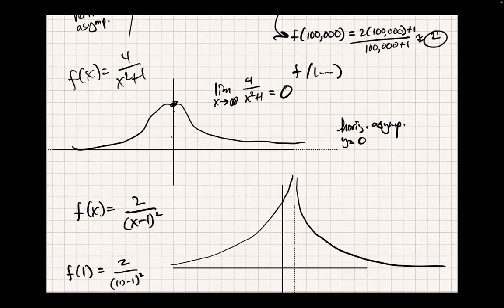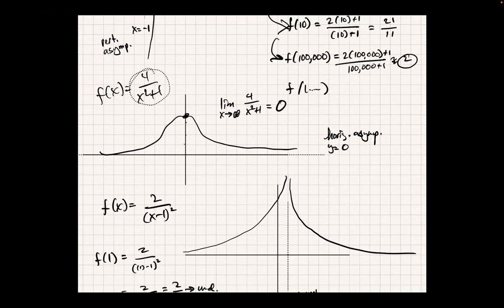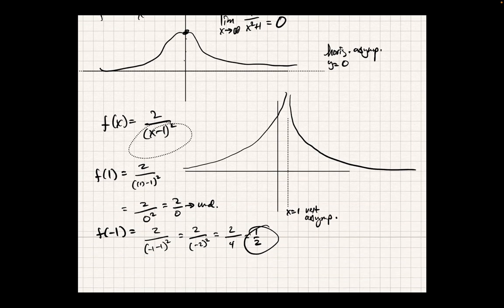It's very similar behavior here. I have a denominator that grows as x approaches infinity, so as the denominator gets huge, f of x approaches 0. y equals 0 is my horizontal asymptote.